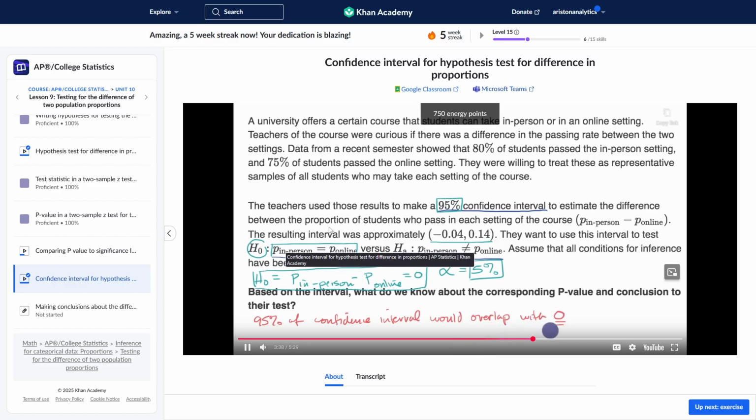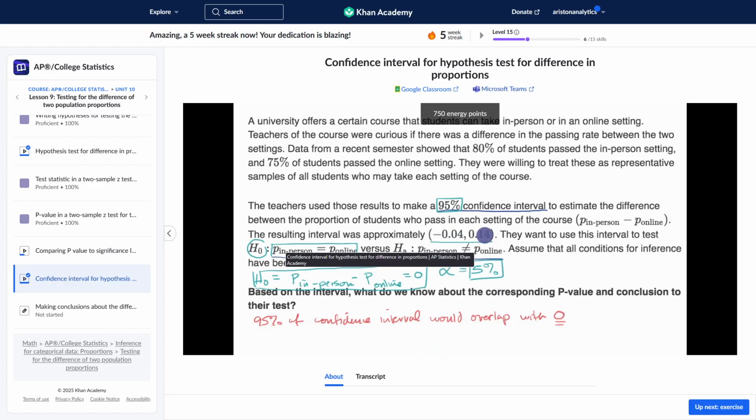Where did I get 0 from? Remember, this is a confidence interval for the difference in proportions. And our null hypothesis is that the true difference in proportions is 0.